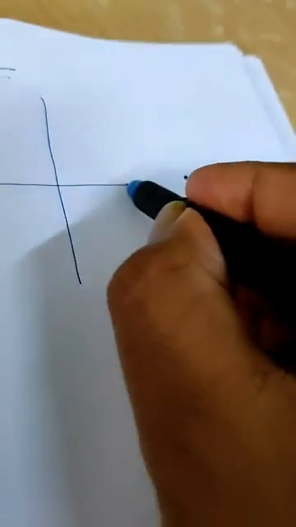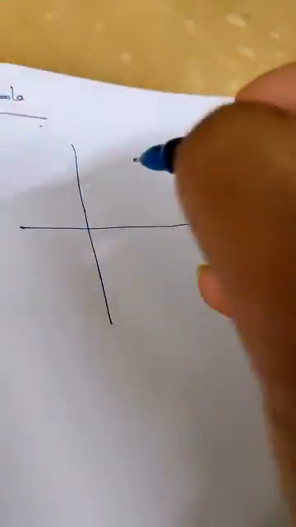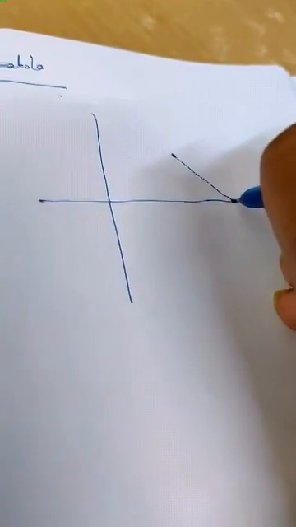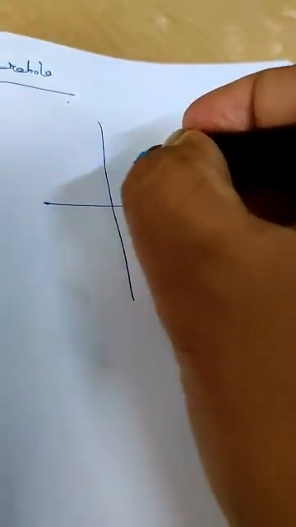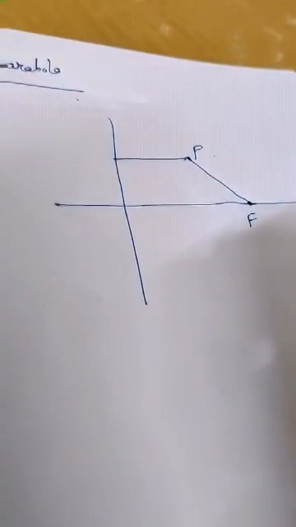In the case of a parabola, you take a point. Whatever be the distance to the fixed point, the same is the distance to the fixed line.